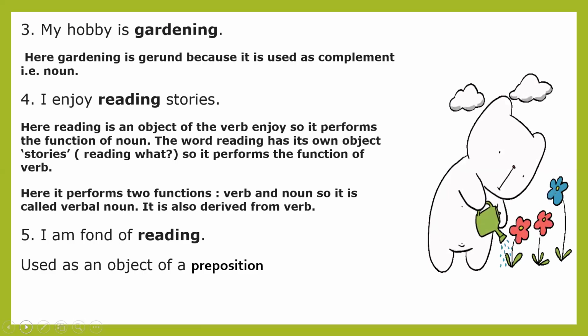What is a verbal noun? Example sentence: I enjoy reading stories. Here, reading is an object, and the verb is enjoy. So it performs the function of a noun. The word reading has its own object, stories, so it performs the function of a verb.